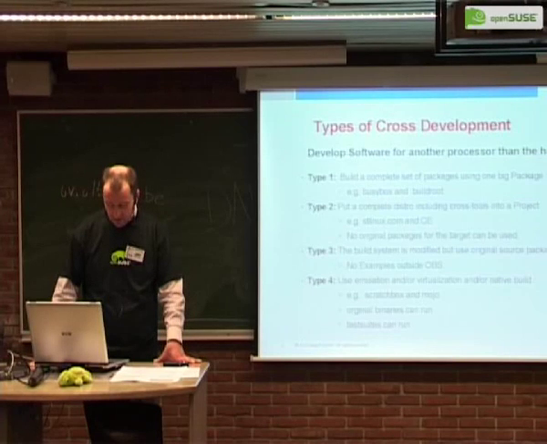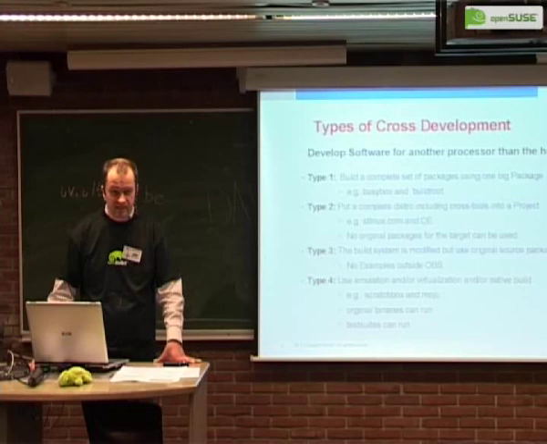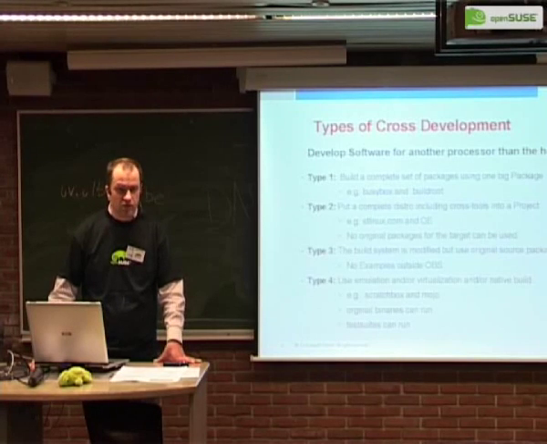And what also turned out to be the fastest method to cope with existing distributions was what I call type 4. That is using emulation.